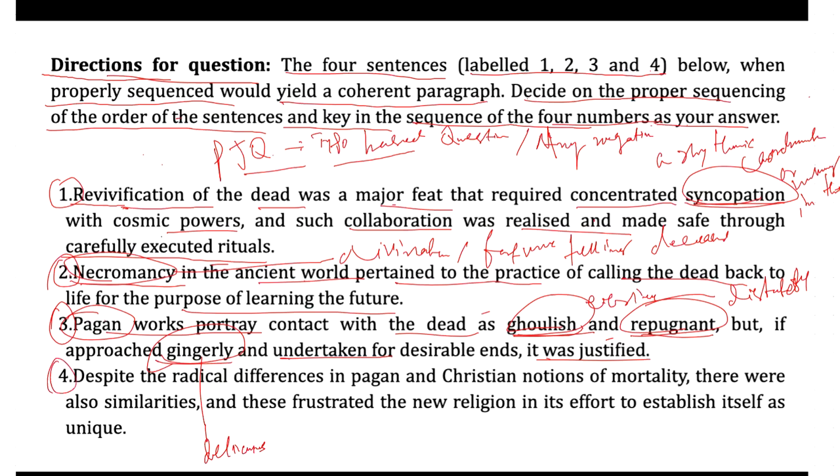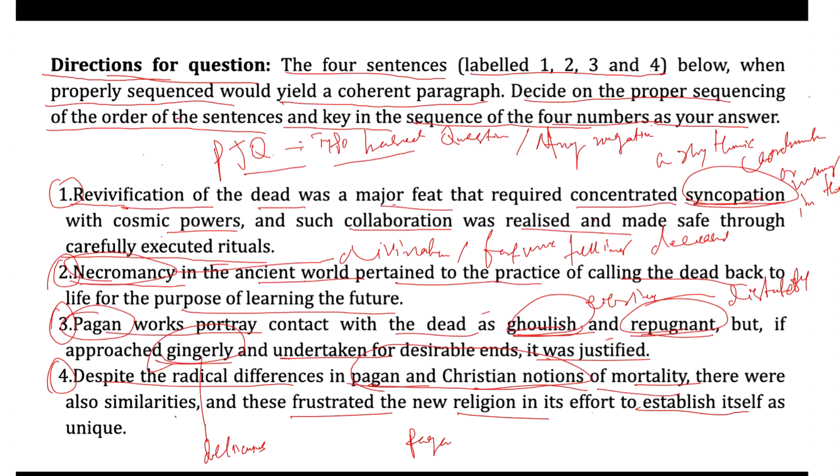Despite the radical differences in pagan and Christian notions of mortality, there were also similarities, and these frustrated the new religion in its effort to establish itself as unique. It acknowledges that there are substantial differences between pagan and Christian notions, or perspectives, on mortality.